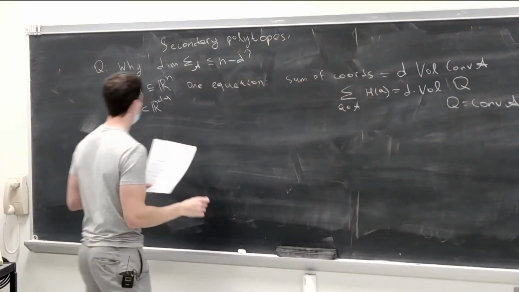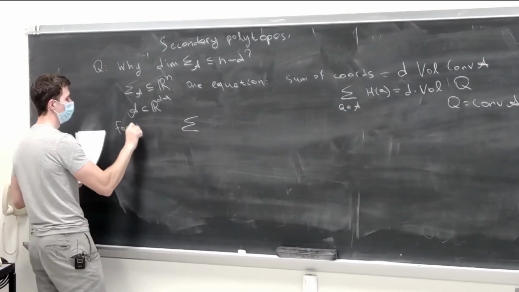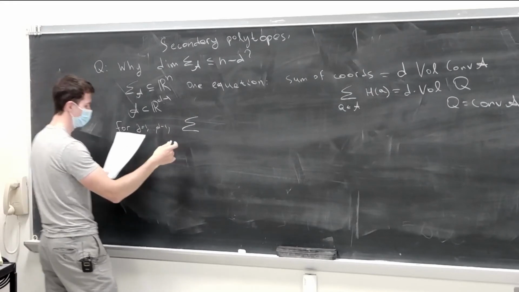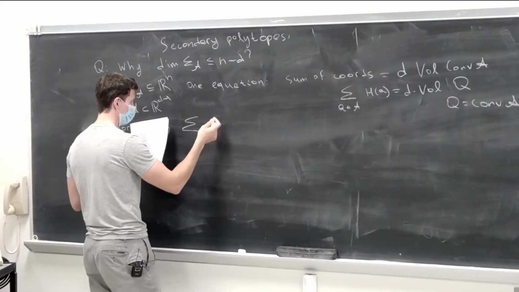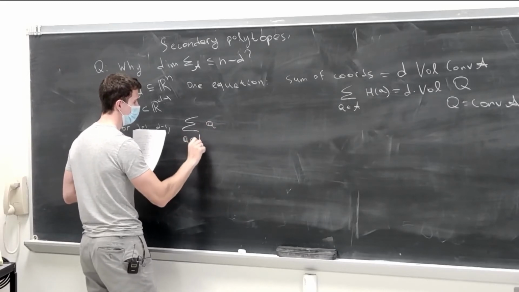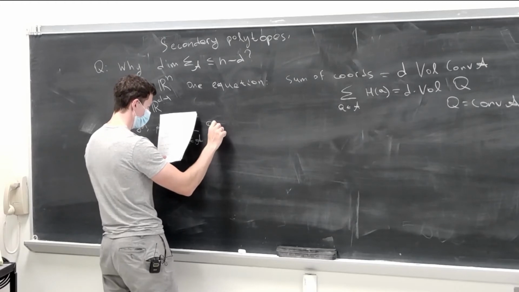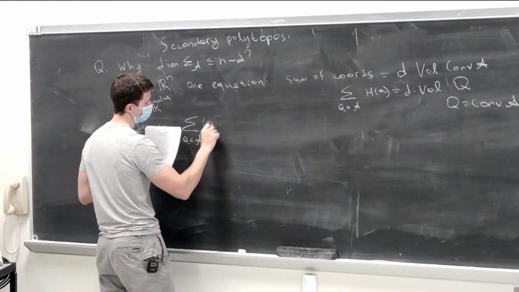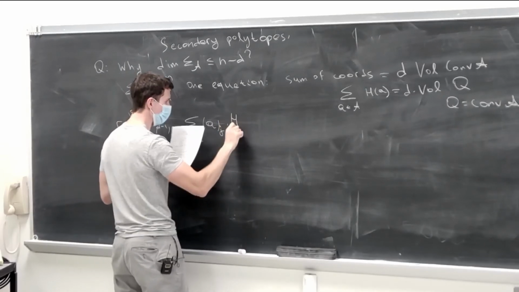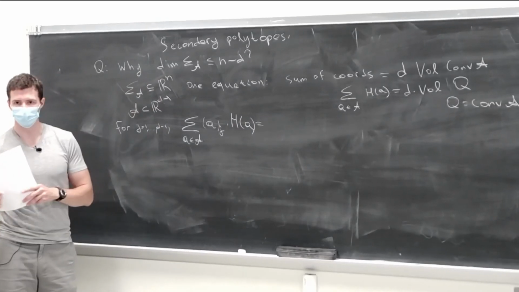Then what I want to do is, for each j from 1 up to d-1, there's an extra equation of the form: the sum over all points A inside my point configuration of the jth coordinate of A times h of A is equal to a constant.